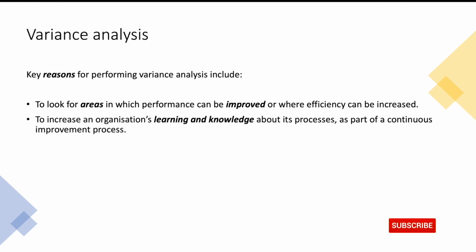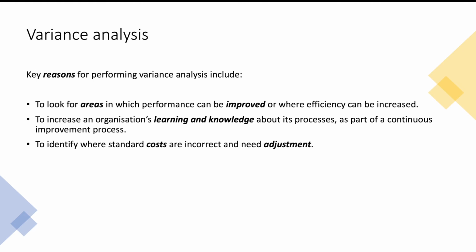The second is to increase an organization's learning and knowledge about its processes as part of a continuous improvement process. In variance analysis we ask why this variance is coming from and where it is coming from, so we take organizational learning and knowledge into account.